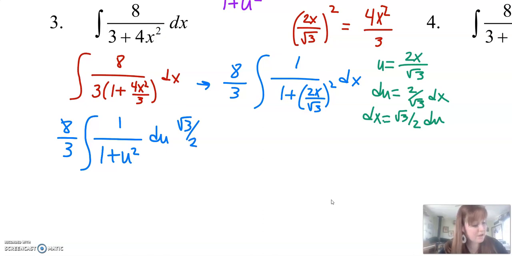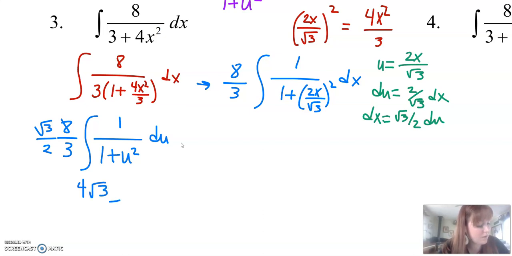And let's just take that root 3 over 2 out here, just take it outside since we know it's a constant. Now we're in the form of arctan, aren't we? This is the form of arctan, and the integral of this exact thing is just arctangent of u. So let's simplify this outside. We have 4 root 3 over 3.